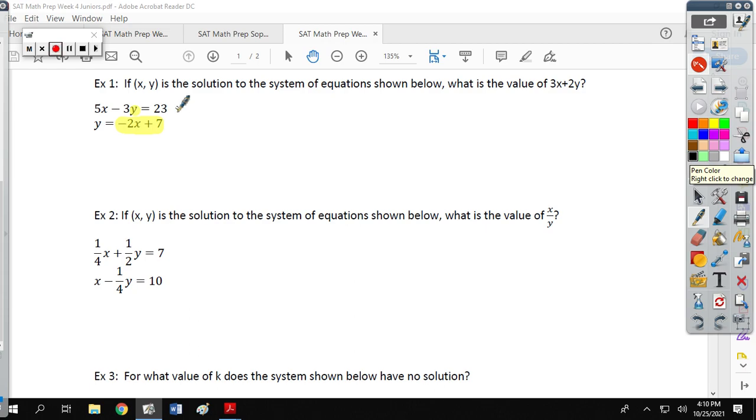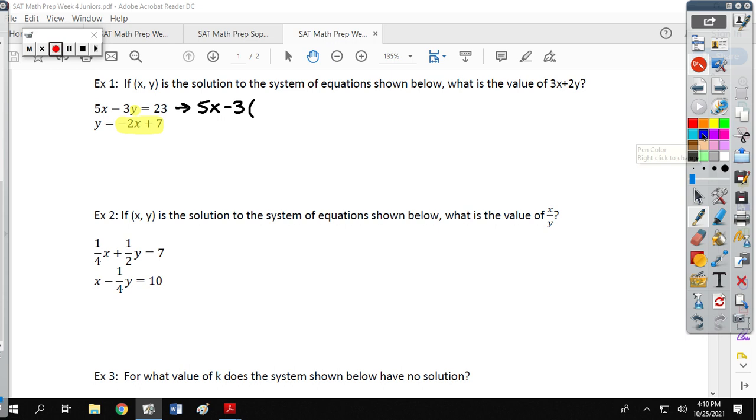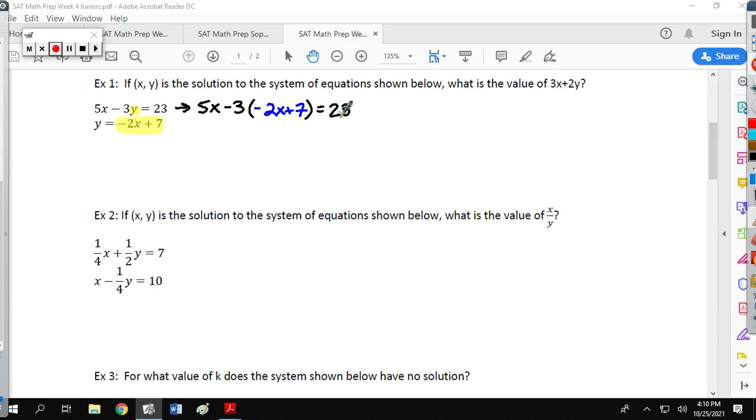That would give us the equation 5x minus 3 times (negative 2x plus 7) equals 23. The point is that by replacing the y in the first equation, we have taken an equation that cannot be solved, an equation that has two variables, and turned it into an equation that can be solved because it only has one variable.